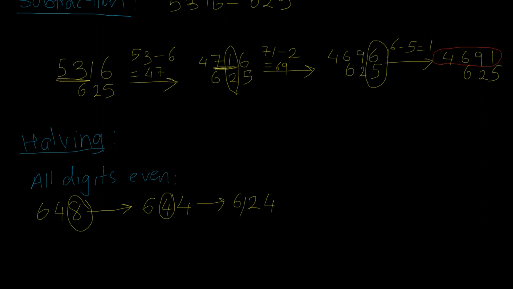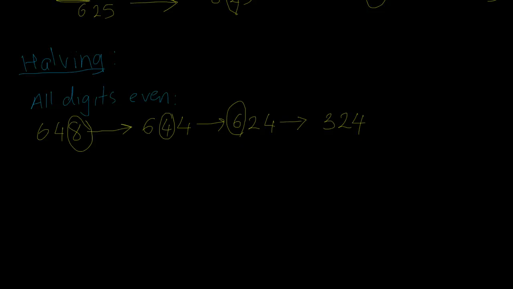And finally, the leftmost digit, 6, so its half is 3. So therefore, the half of the original number, 648, is 324. That's pretty clear and easy, and we can see that the answer is correct.